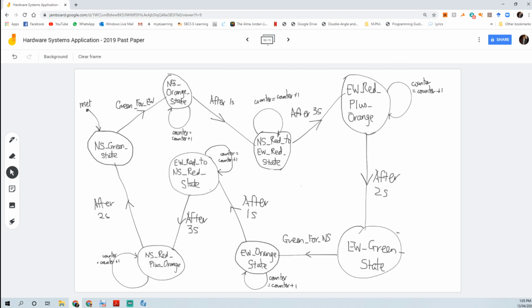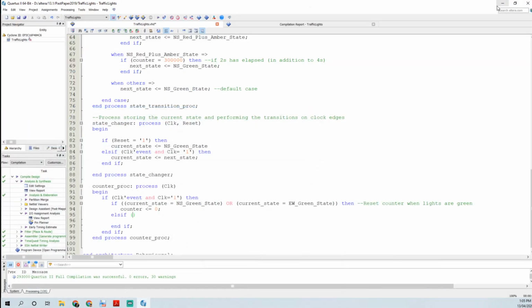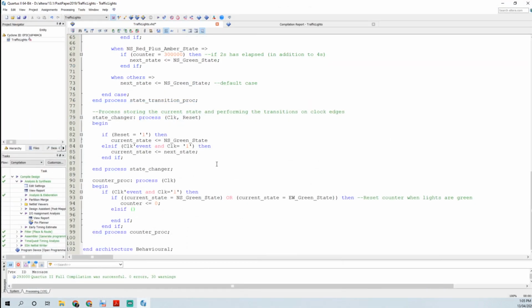So I have to look at when the current state is equal to this, or this, or this, or this, or this, that is when I would like to increment my counter. Okay, so I have to say if my current state, and I'm going to put each of these in brackets.